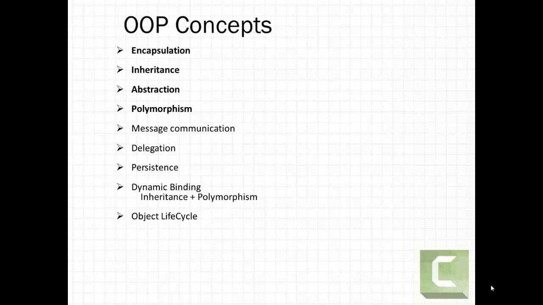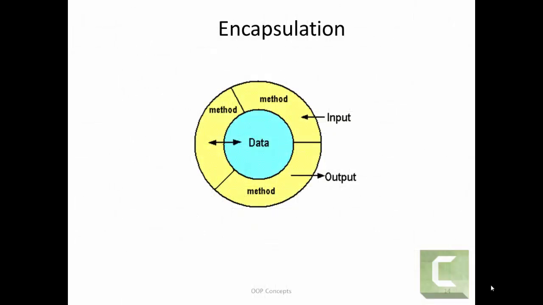But out of those concepts, the first four are very frequently used. Others are derived kinds of concepts. I am going to explain each concept in a detailed way. So let's first start with encapsulation. Encapsulation is data binding.